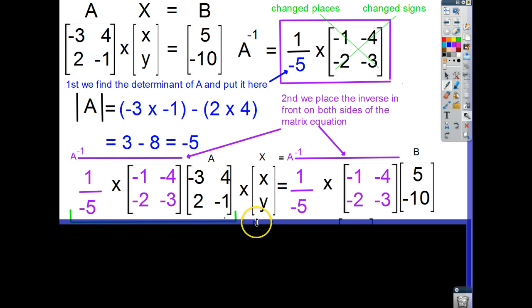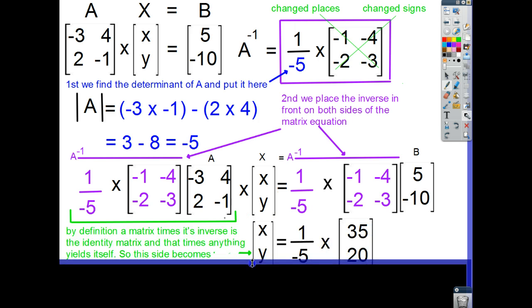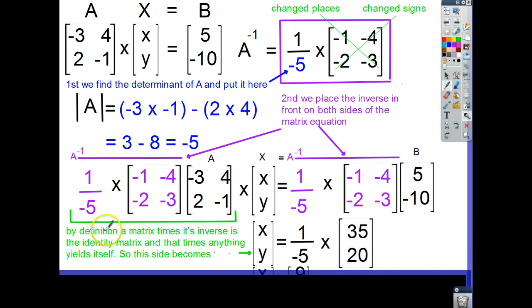Well, in a previous lesson we've discussed what happens when we do that. By definition, a matrix times its inverse is the identity matrix, and of course the identity matrix would look like this. I don't have much room here, so I'm just going to scratch it in over here. So the 2 by 2 identity matrix would look like this, and that times anything yields itself.